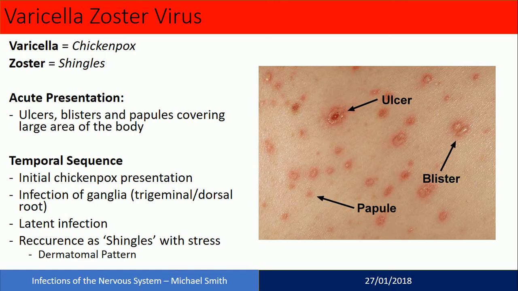At a later date, when the patient becomes stressed, this infection can recur, and it will typically only recur in one area, as it's only remained in one ganglion. This means that its recurrence has this dermatomal pattern, so it will typically follow one of the dermatomes of the body, and it will show up with a rash and blisters, which are itchy.